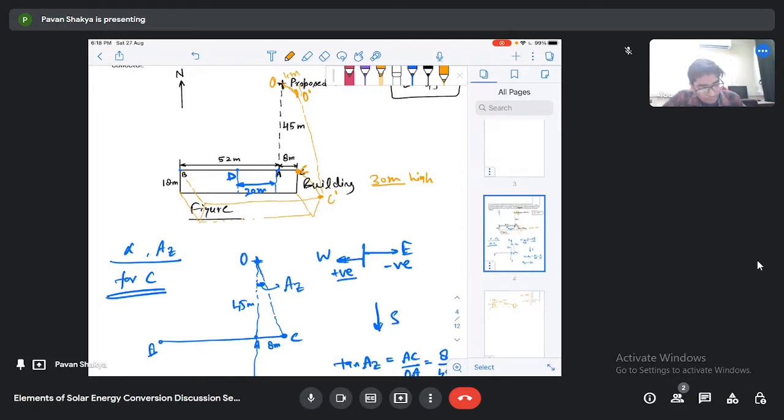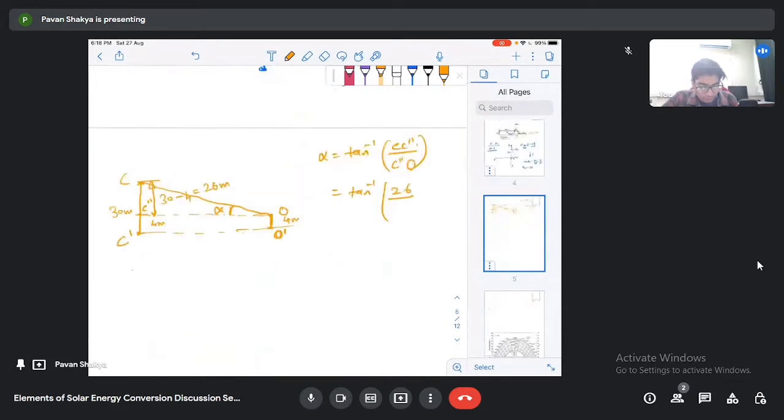If I project it, it will be A dash on the ground. Then this angle O dash A dash C dash is 90 degrees. O dash A dash is given as 45 meters, and A dash C dash is given as 8 meters.